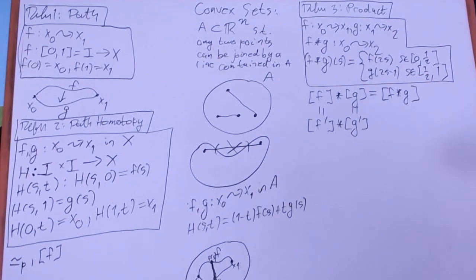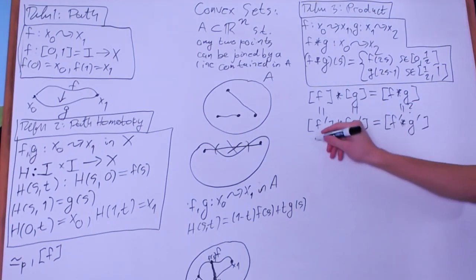And remember that for these to be equal to each other, they just have to be homotopic. So you have these two different representatives, and then you use the definition of this product to get f prime star g prime. Is this equal to the equivalence class of f star g?